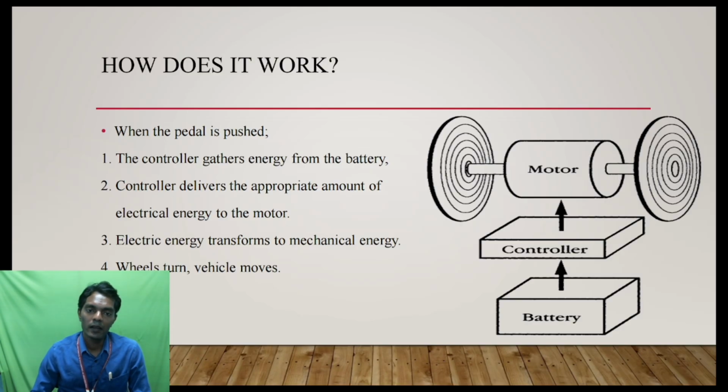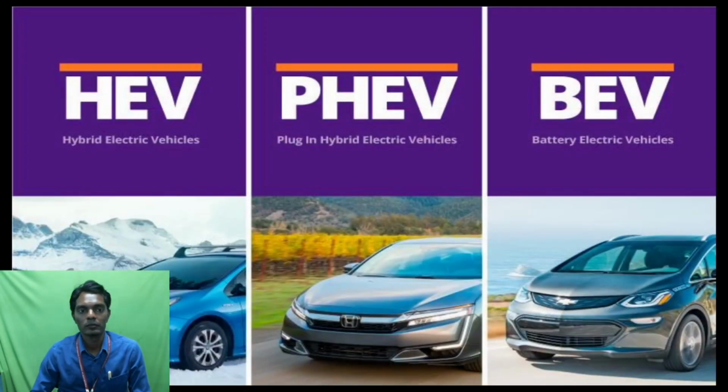Electrical energy is stored in the battery, and whenever you push the pedal, it discharges the battery, and the controller drives the motor. How much speed we need, how much torque is required, depends on the optimization of the motor. The motor converts the electrical energy into mechanical energy. Then the wheels are turned and the vehicle is moving.